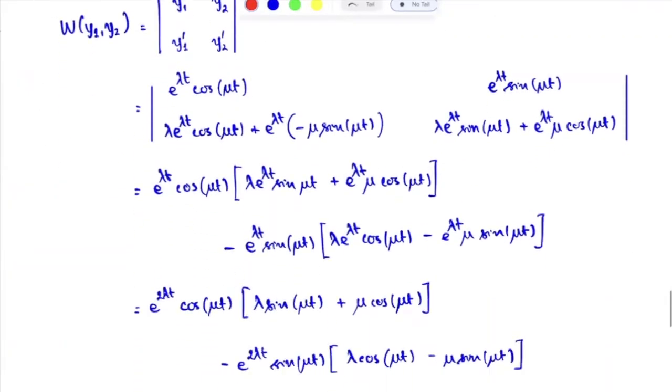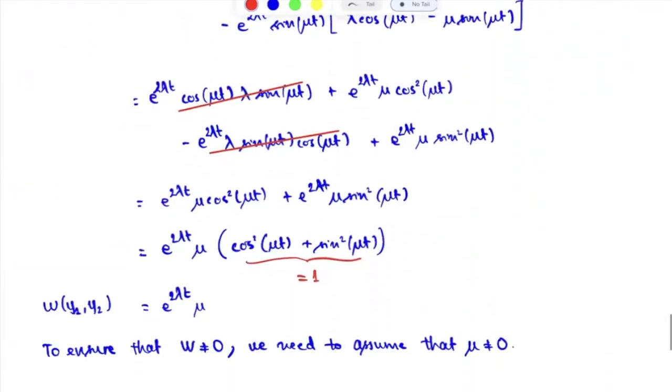Okay, and we show that in this case the Wronskian is different from 0, assuming that mu is different from 0. Because the Wronskian is different from 0, the two solutions are linearly independent, or they form a fundamental set of solutions.